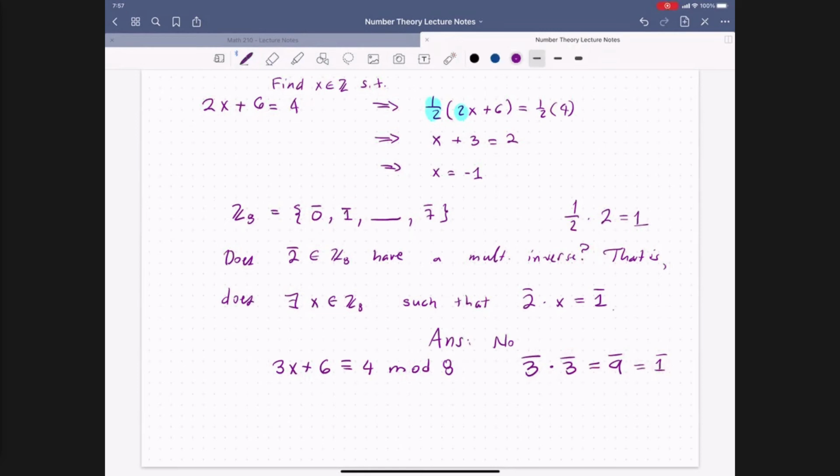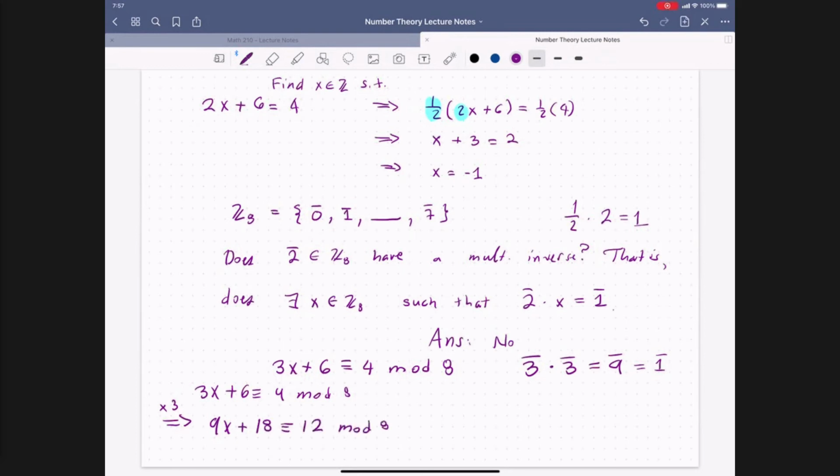First, modulo 8, we have 3x plus 6 congruent to 4 mod 8. And then we're going to multiply both sides by 3. Notice we're still working with the integers; we're not looking at fractions as happened with the 1/2. Doing so gives us 9x plus 3 times 6, which is 18, and this is going to be congruent to 12 mod 8.